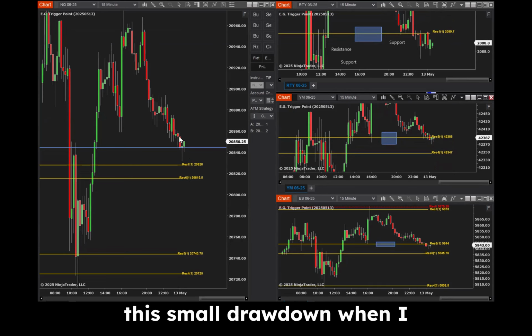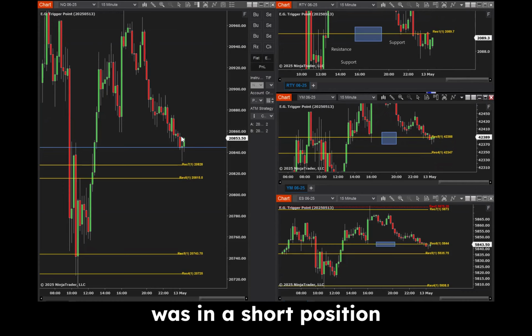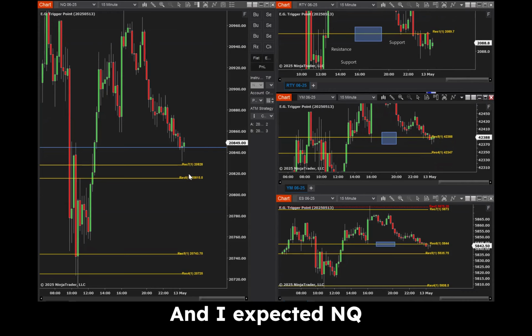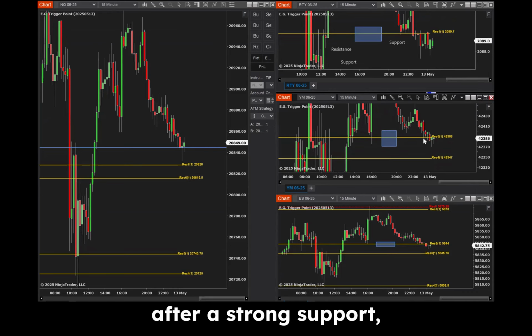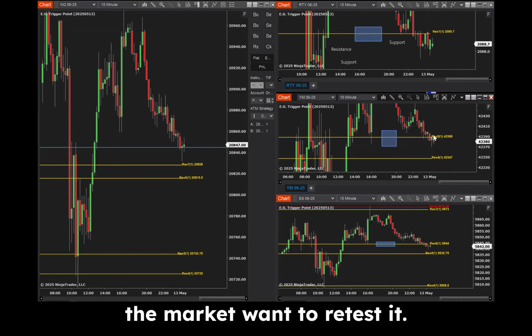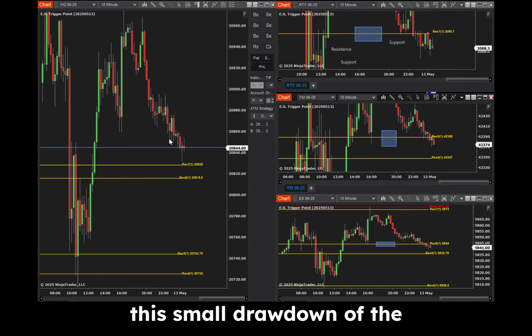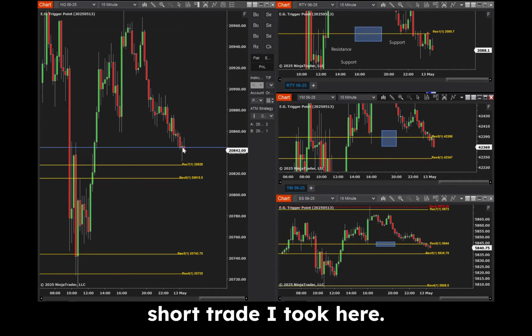So to me, this small drawdown when I was in a short position was just a small drawdown, and I expected NQ to go down back because, you know, after a strong support breaks, the market wants to retest it. So this is the explanation of this small drawdown of the short trade I took here.